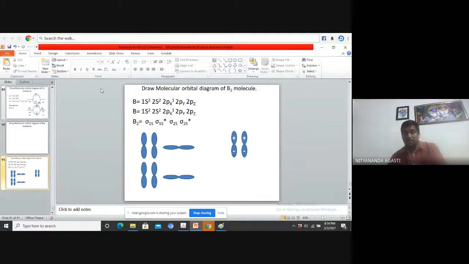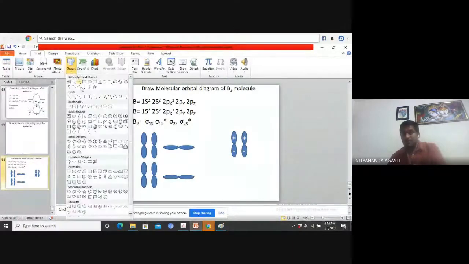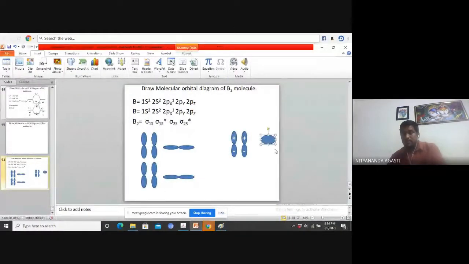Quickly, allow me some time to draw it for you. This bonding molecular orbital should look like this. Two orbitals of the same symmetry.